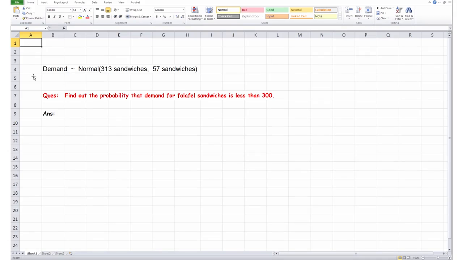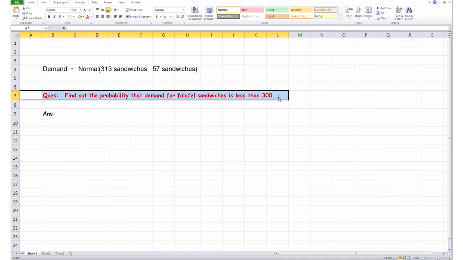We wish to find out the probability that the demand for sandwiches on a particular day is less than 300, or in other words, the area under a normal distribution to the left of 300.